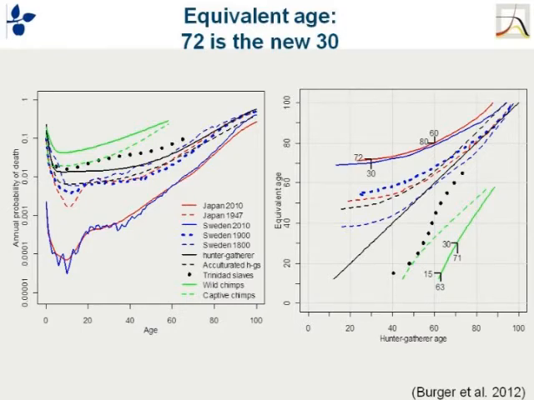And if you go up to the top of the diagram and look at the 72 and 30, which is where the title comes from, 72 is the new 30. So modern Japanese today, at age 72, suffer the same death rate that hunter-gatherers suffer at age 30.